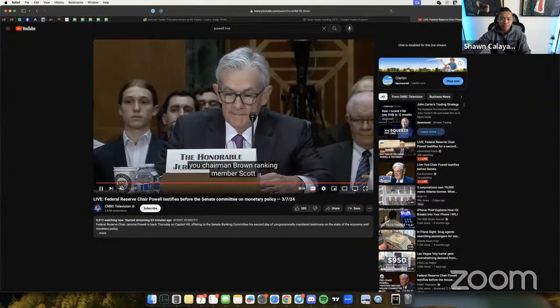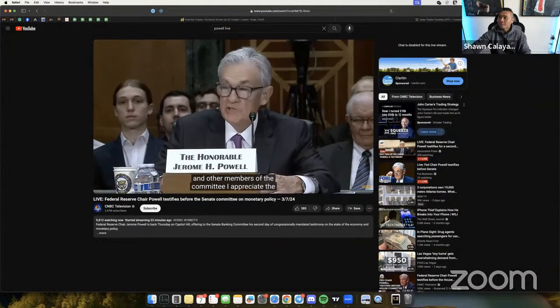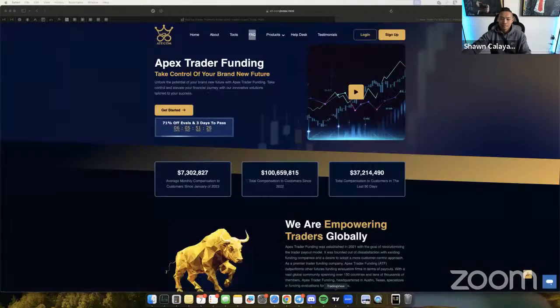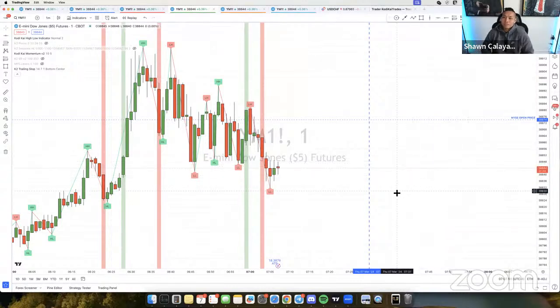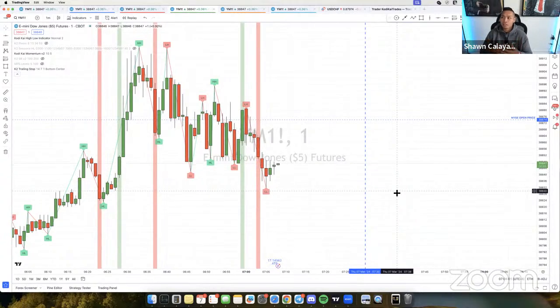But sometimes you'll have people that are sitting behind, and it's always funny to see who's sitting behind him. One time, a lot of you guys remember this, there was this girl sitting behind Powell in a red dress, and she was just too distracting. Everyone kept looking at the girl, so they moved her. Yeah, the red dress girl. Since he remembers, of course.